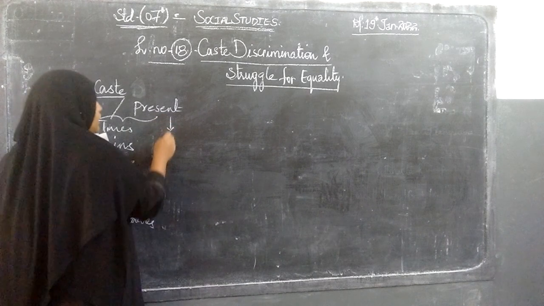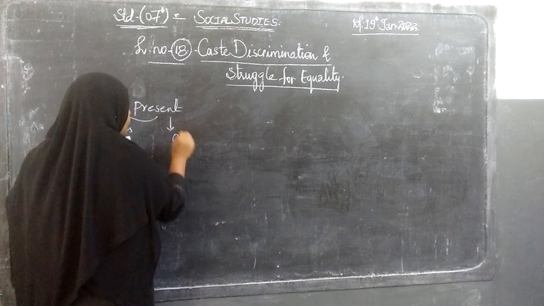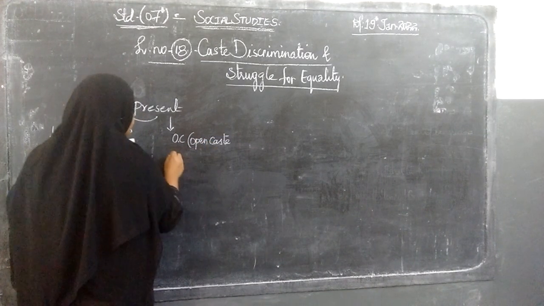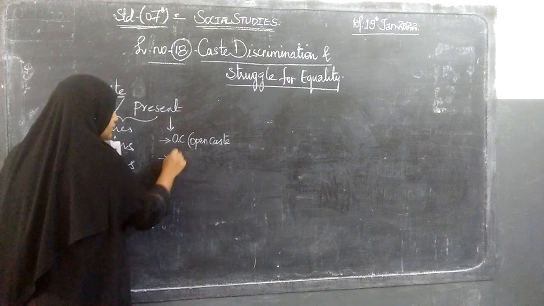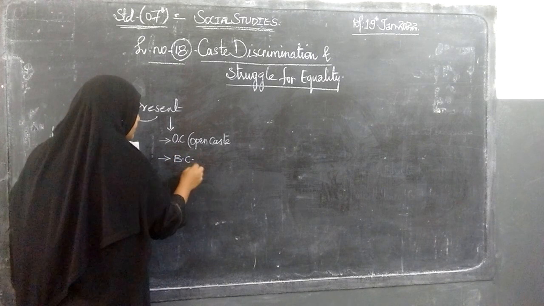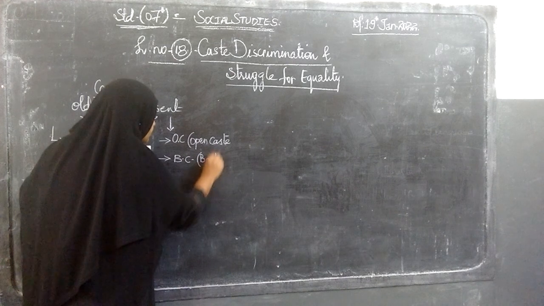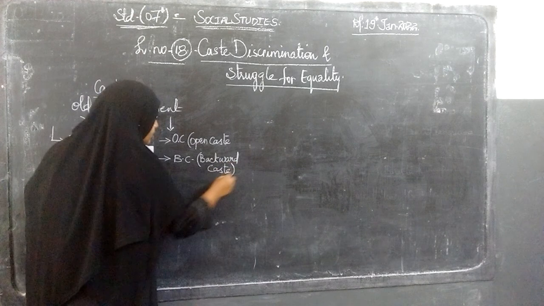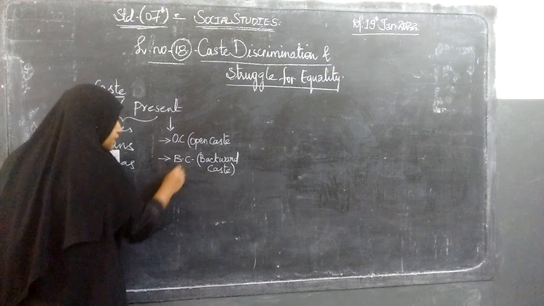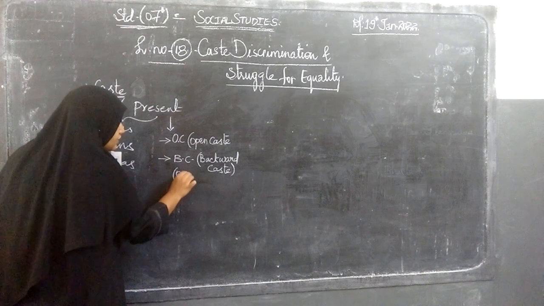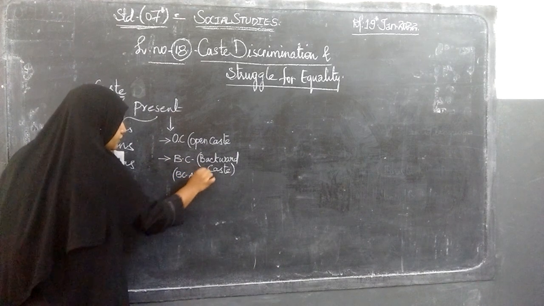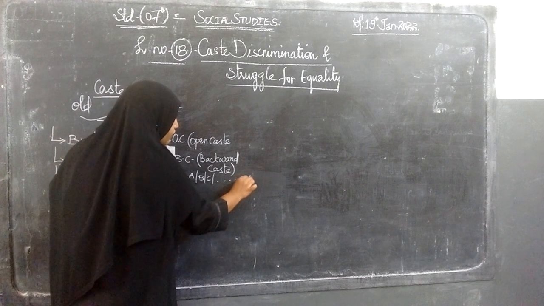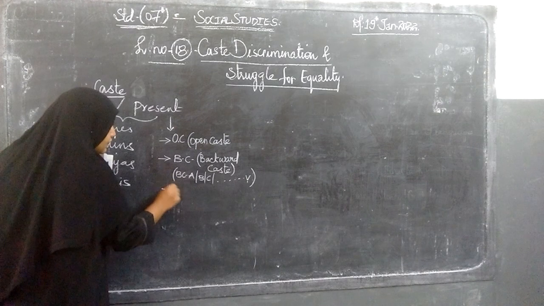Presently we have the caste system of OC, open caste. Then BC, backward caste. In BC we have BCA, B, C, all the way up to Y, I think in alphabetical order.